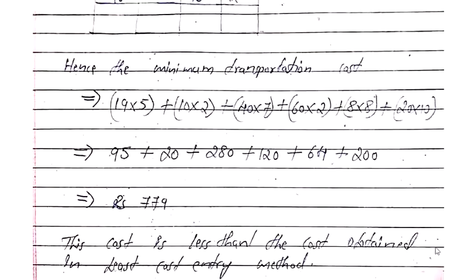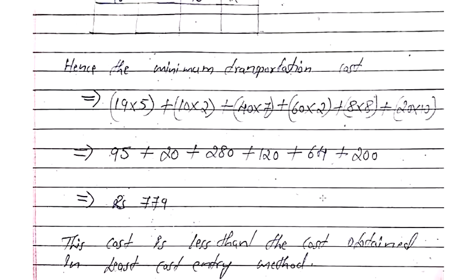The same problem we have solved using the northwest corner rule, row minimum method, column minimum method, and also the least cost entry method. But the least transportation cost we have got using Vogel's approximation method.